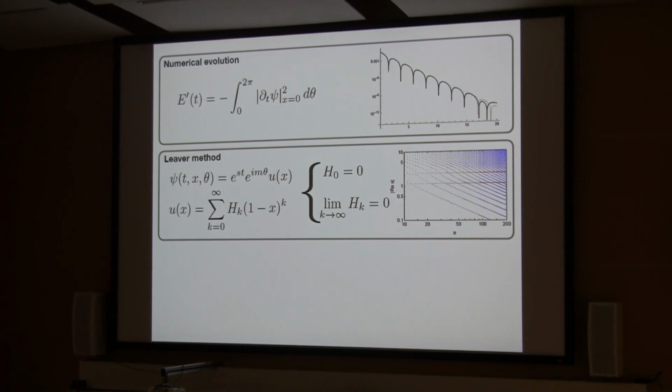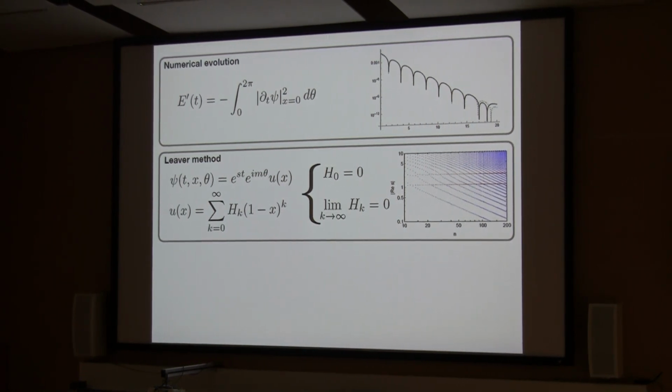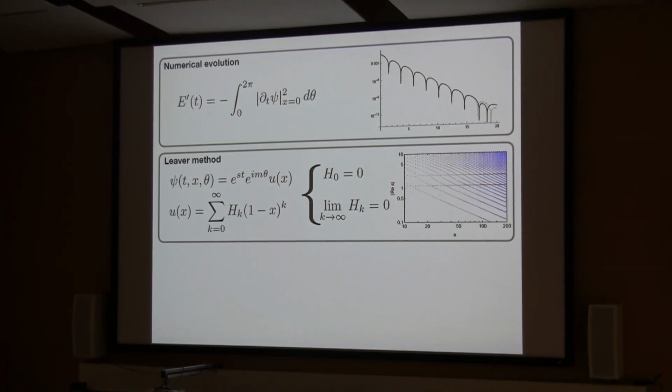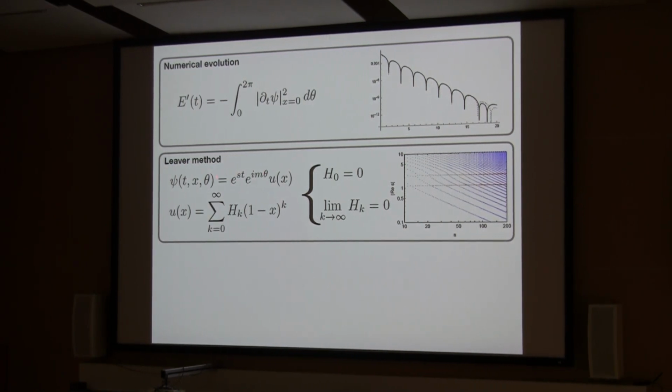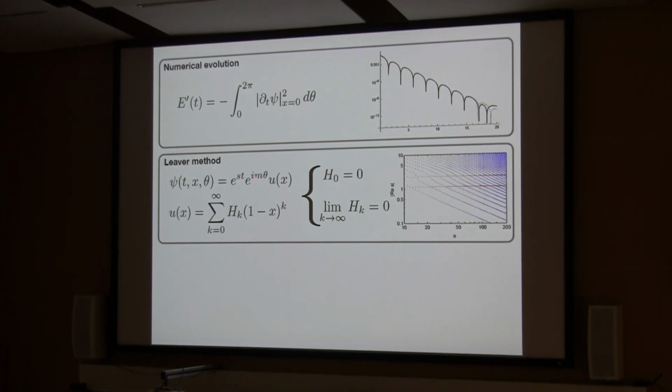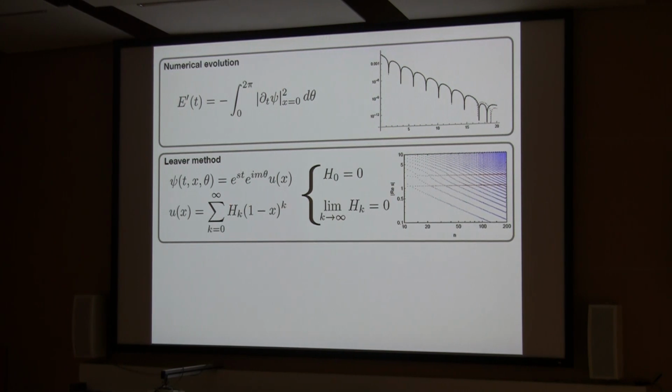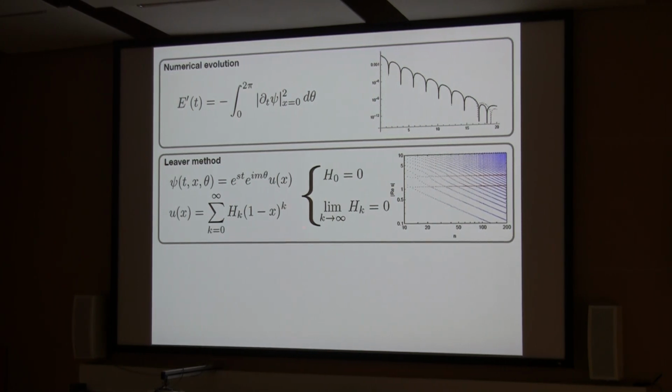So one can utilize other approaches like Leaver-type methods, where we just assume that our solution looks more or less like this. We plug this ansatz into our equation, and then we also expand this function u into the following series, which is just a power series with h_k being some parameters.